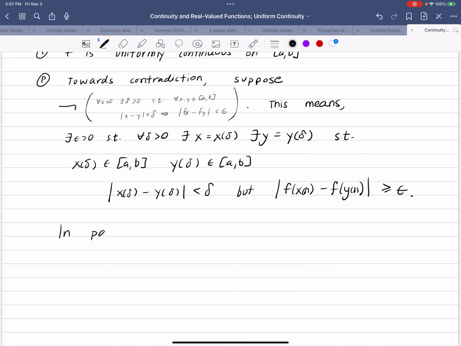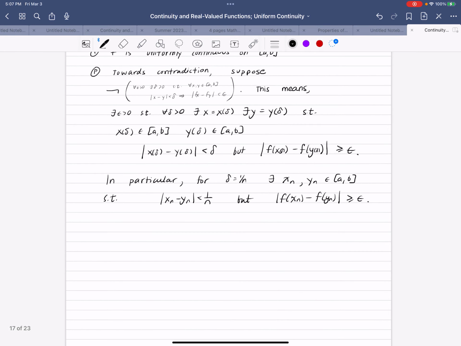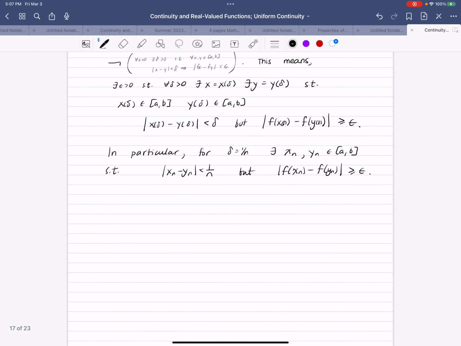So in particular, for delta equal 1 over n, there exists xn and yn in our closed interval such that the distance between xn and yn is less than 1 over n, but the distance between their images is bigger than or equal to epsilon, okay?